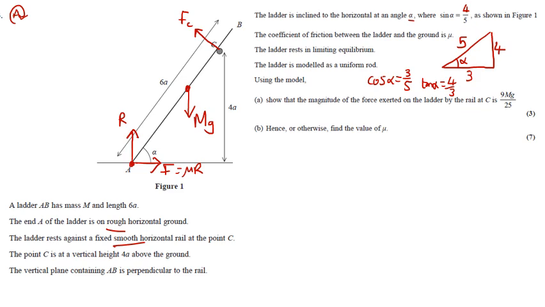What moments do I have? Well, clockwise, I've got the moment due to the weight. So that's force times the perpendicular distance. So what's this perpendicular distance here? Well, it must be 3a first of all, because it's halfway up the ladder, the weight, okay, because it's uniform.